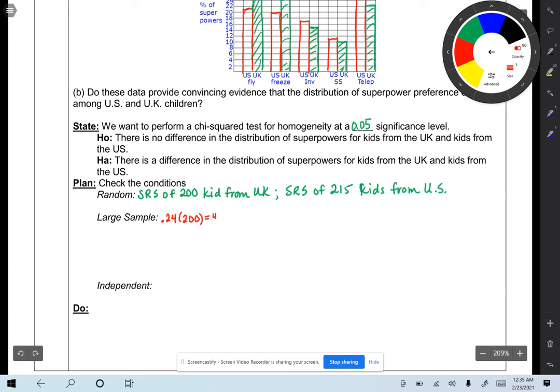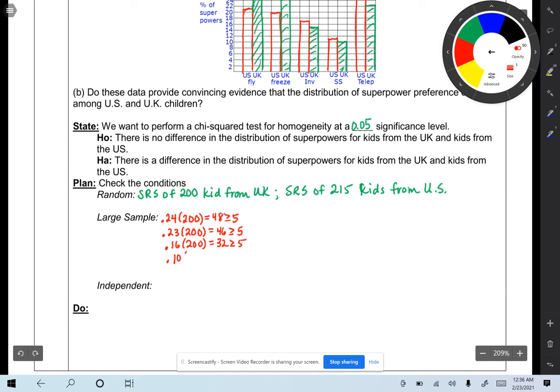So that's 48, and that's greater than or equal to 5. And then you take the expected proportion for freeze time, which is 0.23, multiplied by 200. That's 46, which is greater than or equal to 5. Invisibility, 0.16 times 200. 32 is greater than or equal to 5.